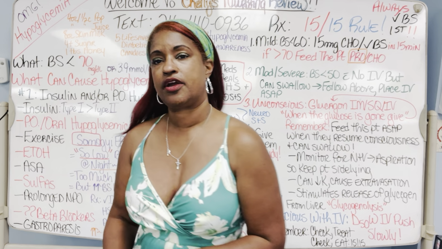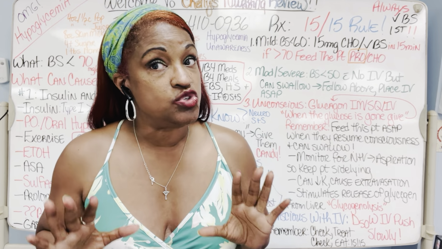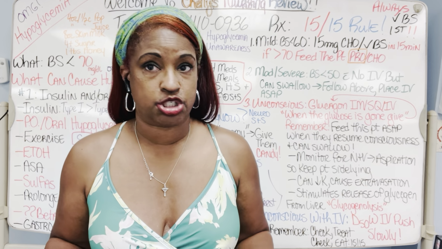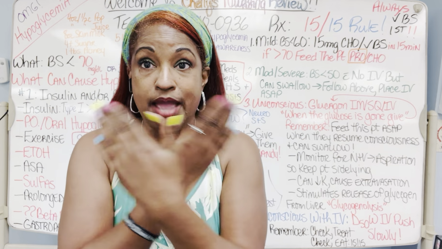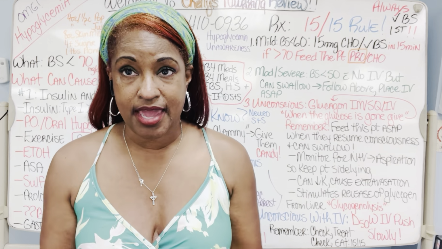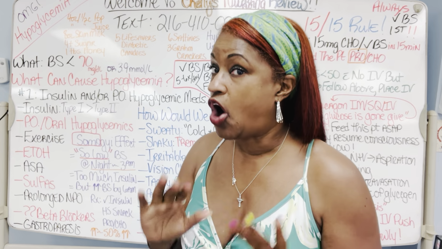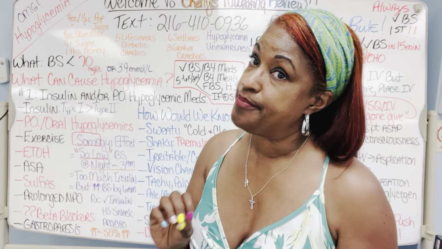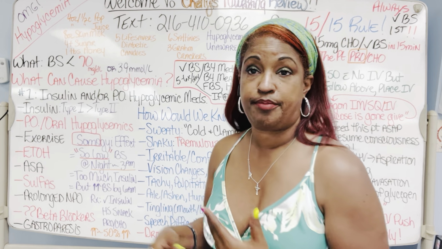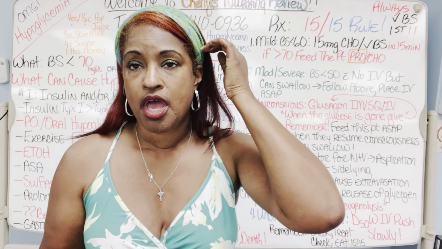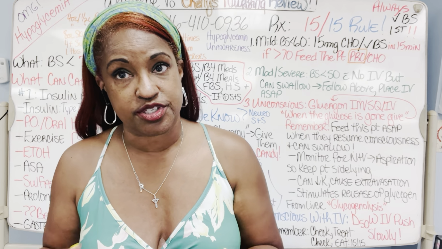The big one here is that beta blockers are on my board. They do not lower blood sugar, but what they do is they mask hypoglycemia. So if you think about the classic hallmark signs of hypoglycemia, like sweating, shaking, irritability, and a bunch of other stuff, tachycardia, you know that with beta blockers, it blocks the stress response.